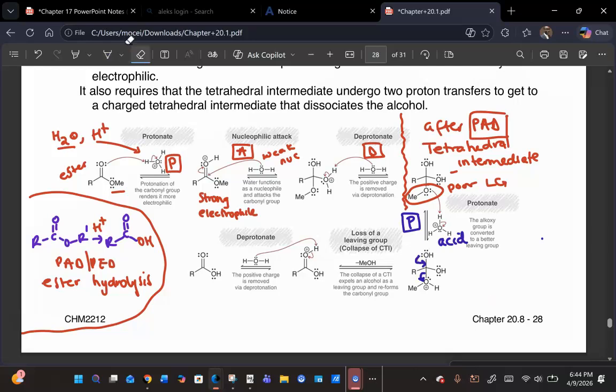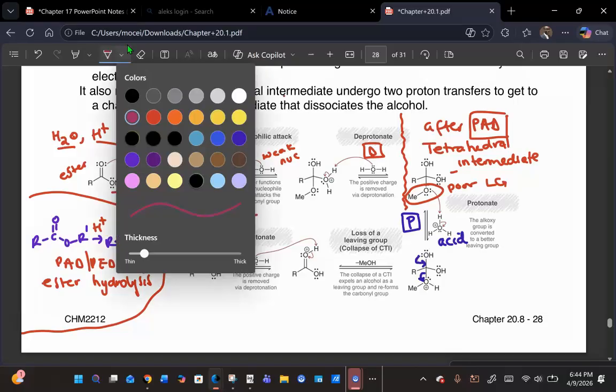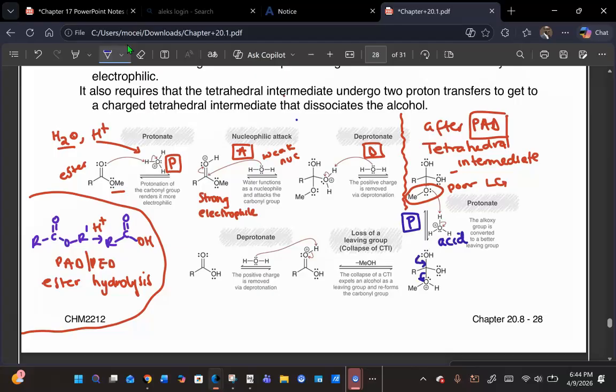This is like the imine and enamine stuff, mechanism. That's like the one I've mastered so far. Very relatable. But you'll notice one doesn't have an A. This one doesn't have an A in the PADPED. So once you protonate, then you kick out this part right here. It becomes your leaving group. Because it has a plus charge, it needs electrons. Methanol lost, so I could as well write here plus methanol.